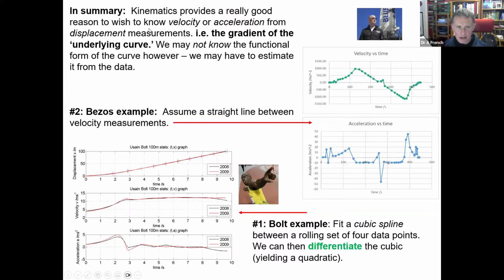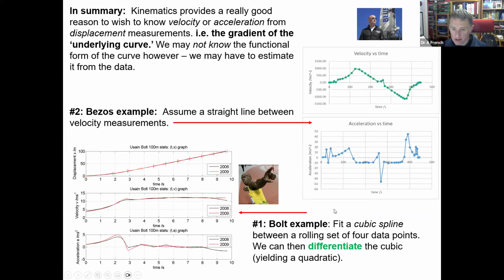So in summary, and I'll read this: kinematics provides a really good reason to wish to know velocity or acceleration from displacement measurements, i.e. the gradient of the underlying curve. We may not know the functional form of the curve, however, and may have to estimate it from the data.